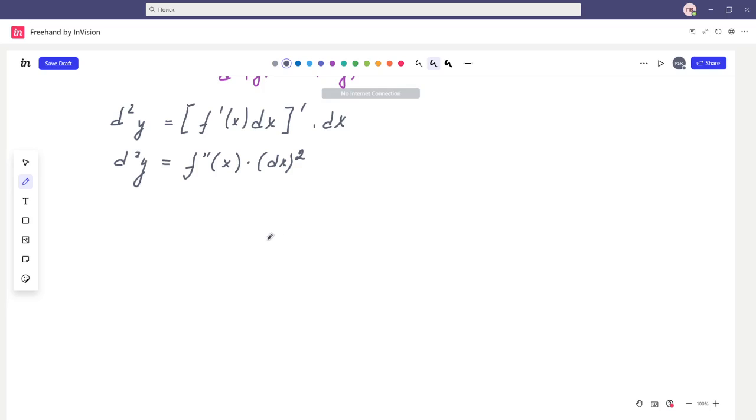In place of (dx) squared, we write dx squared, to mean the square of the expression dx; in place of (dx) cubed, we write dx cubed, etc.